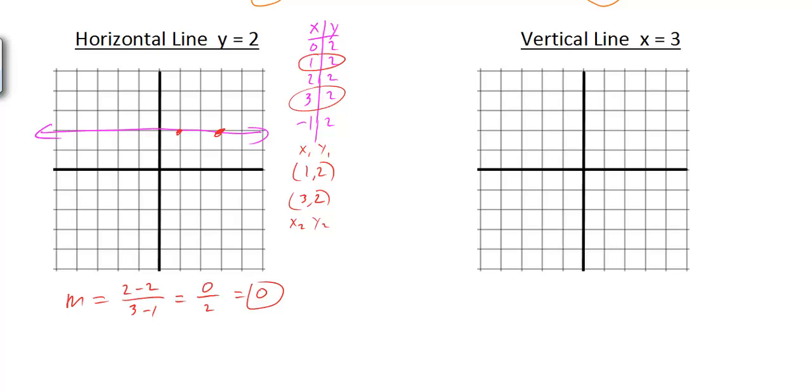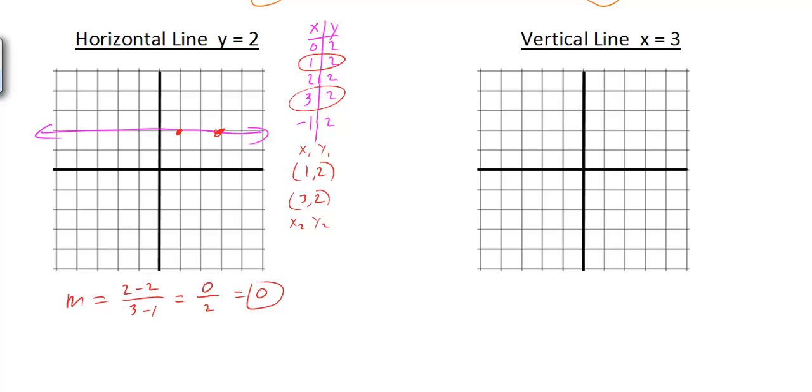And that's because, notice, to go from one point to the other, do we ever have to go up? All we're doing is going 2 units to the right. So therefore, we're not having to go up. So that means the change in our y value is 0.